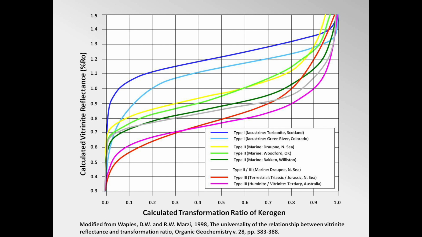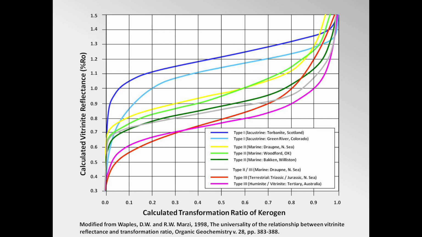We could calculate transformation ratio, but people still wanted their oil windows defined in terms of vitrinite reflectance values. As a result, in 1998, Roger Marzi and I published a paper seeking to clarify some of the issues related to this equivalency between vitrinite reflectance and transformation ratio.